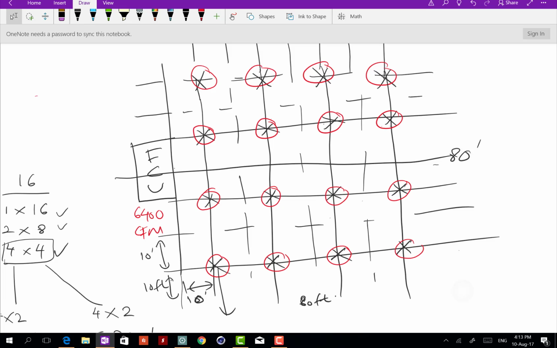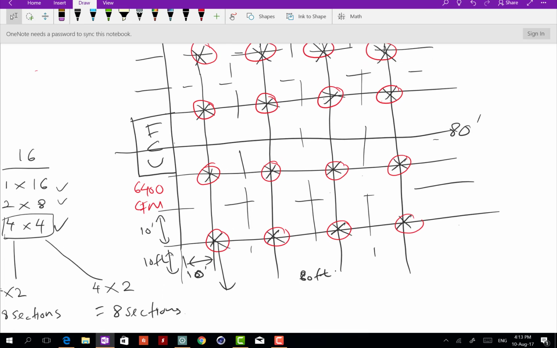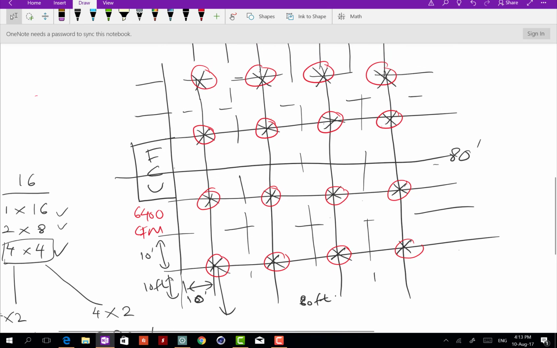Now the next step is to construct the table in order to calculate the friction of the ducting system. First we need to label all of the sections. I label with green color.